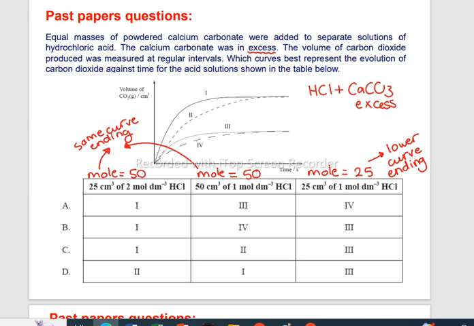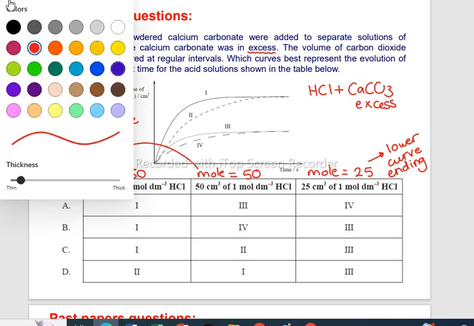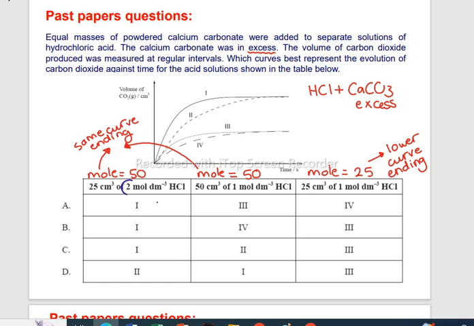Another thing I can take from the 3 experiments is the comparison of the concentration. If I circle the concentration, you're going to find that in the first experiment I have 2, and here I have 1, and here I have 1.